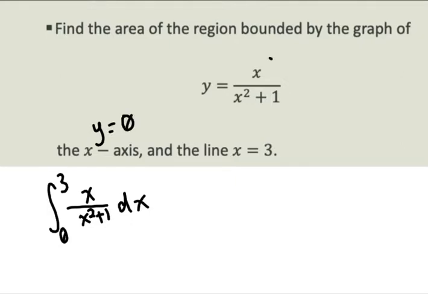So then we need to ask ourselves, what makes this 0? And that's 0, right? So you're right, it is 0, but just in general, that's what makes this whole thing 0. And if we plug 0 in there, it's not undefined. We have 0 over 1, which is 0. So we have our setup now, so we're ready to do our integral.